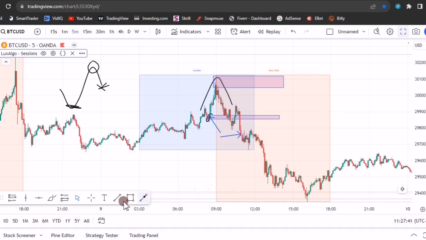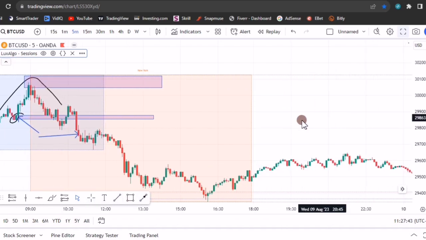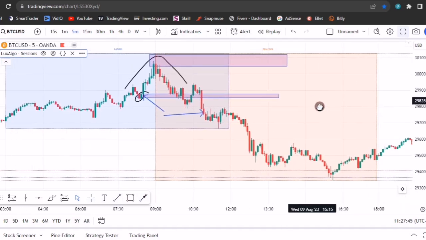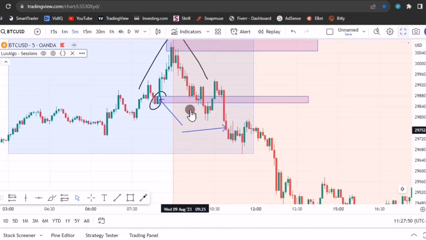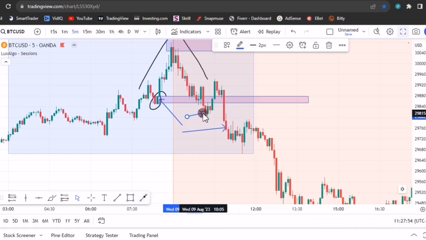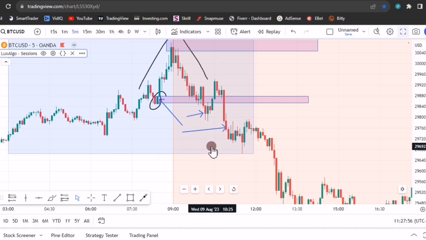And the last thing that I have to show you, let me just zoom in. It is very important. You see this breakout right here. What you want to see on a breakout is the second candle closing just below the first candle that broke out.